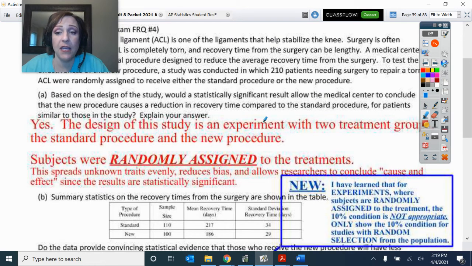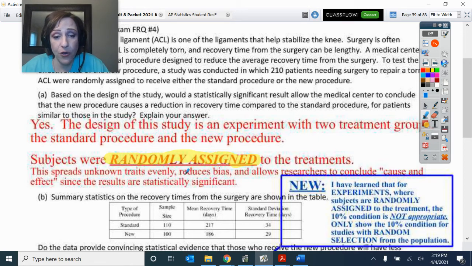an experiment with two treatment groups, the standard procedure and the new procedure. But the reason that you can conclude cause and effect is because the subjects were randomly assigned to the treatments. So that's what you had to say to get credit for that part, that the subjects were randomly assigned to the treatment groups.